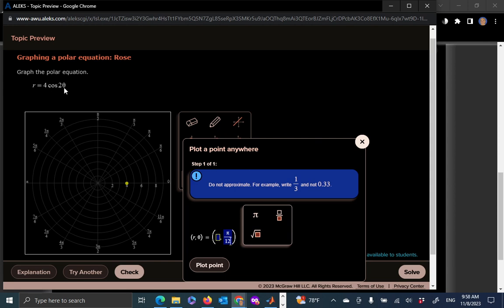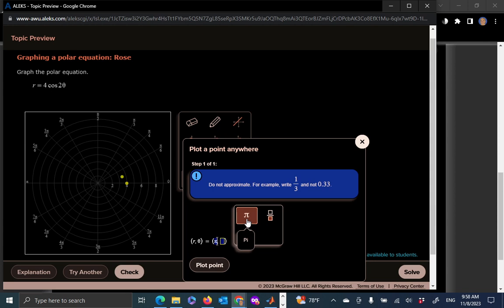Cosine of pi over 6 is radical 3 over 2, times 4 becomes 2 radical 3. We see it's a reasonable place. Let's continue. What's next? Pi over 4. So it does work.